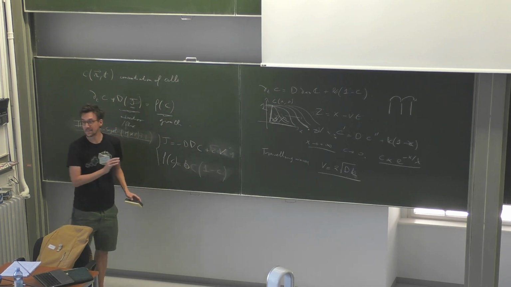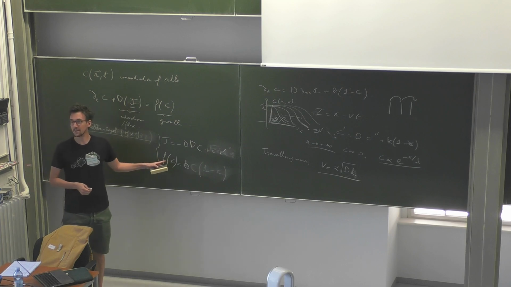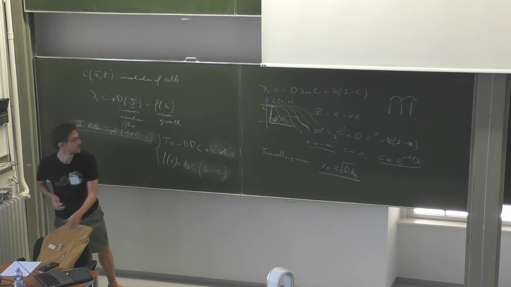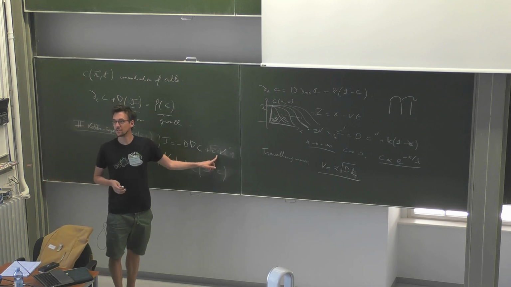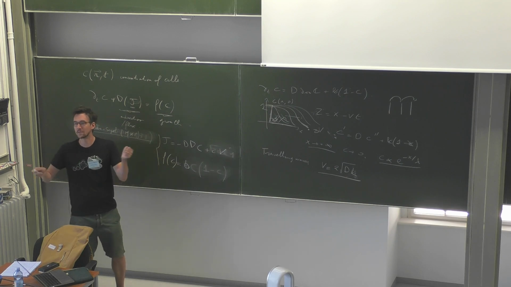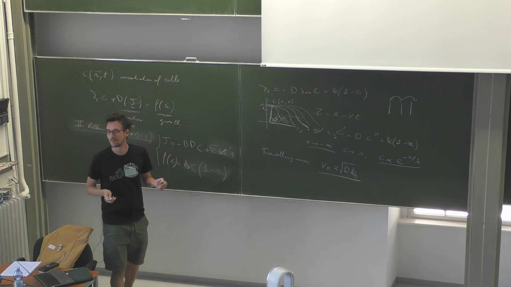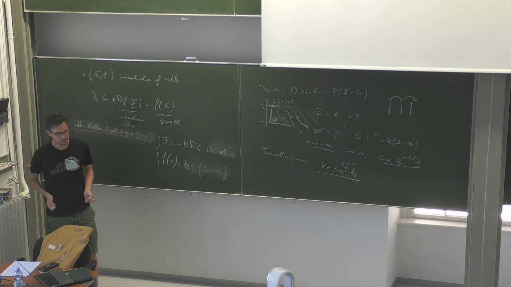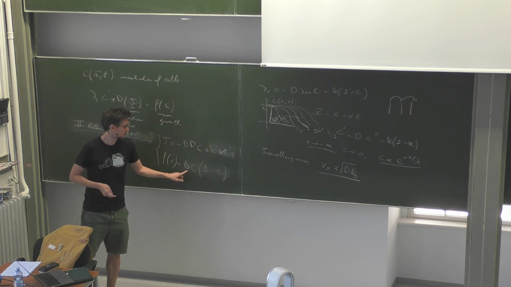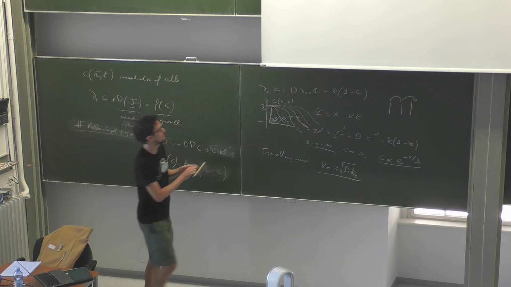In the simplest Keller-Segel model, I'm going to forget all about the growth of cells. I'm going to put something interesting in my advection term, but literally nothing in my growth. Of course, you can combine the different models, and there are infinite papers trying to do that. But I'm going to show you that you can also get interesting dynamics if you put some velocity here and set growth to 0.